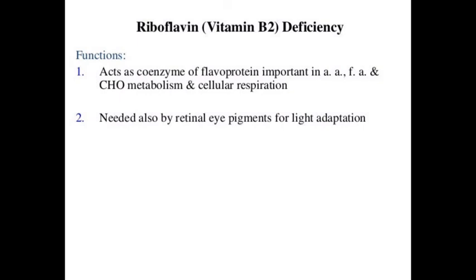The next one is riboflavin, vitamin B2 deficiency. The function of vitamin B2 is that it acts as a coenzyme of flavoprotein and is important in amino acid, fat and CHO metabolism and cellular respiration.